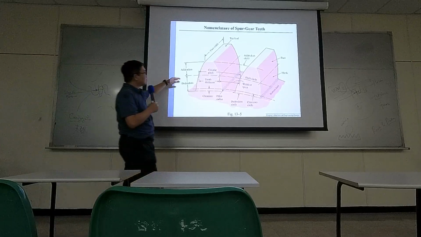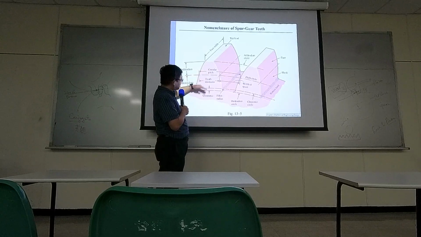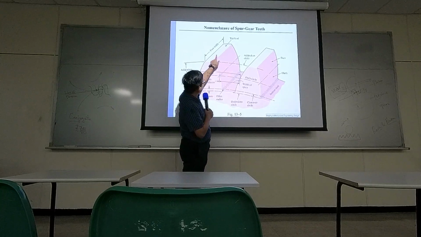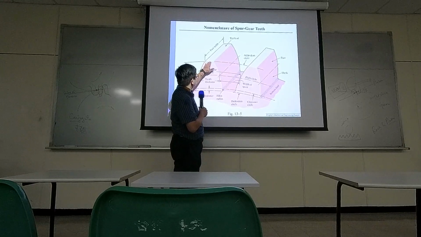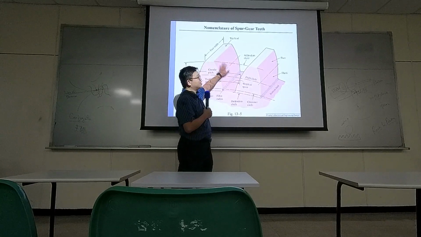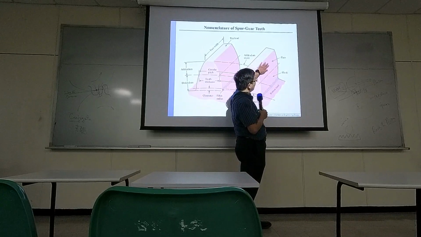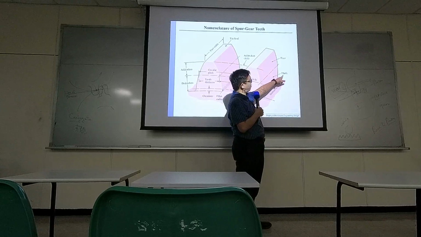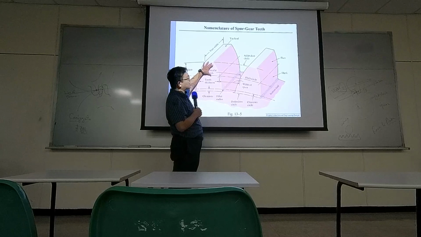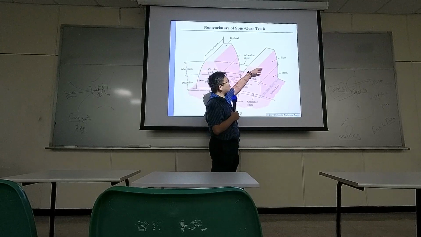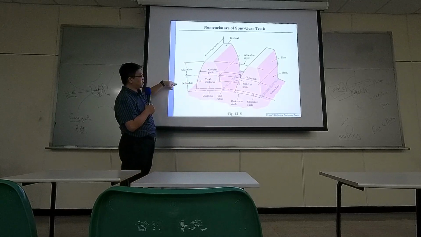Okay, so if you have this pitch circle, on the side, this is called the face. But the upper half is the face. The lower half is called the flank. And if you compute the height of the face and the height of the flank, they are called the addendum and dedendum.